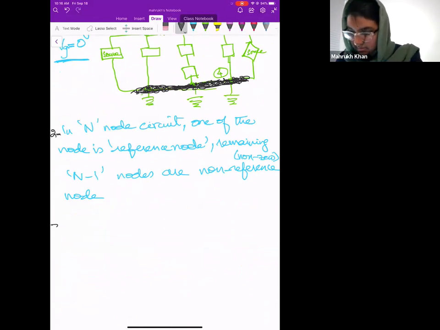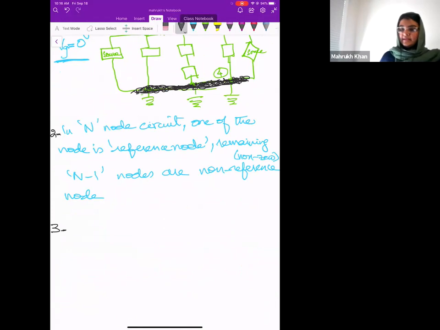As we know already the voltage of the reference node, in nodal analysis we only need n minus one linearly independent equations to solve the unknowns, because our unknowns are n minus one as well.